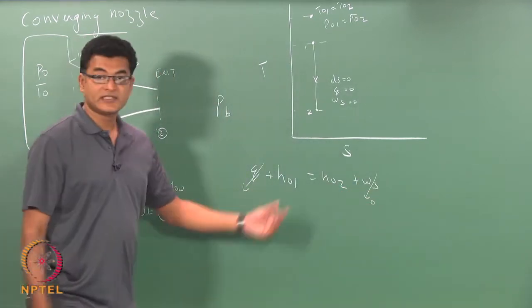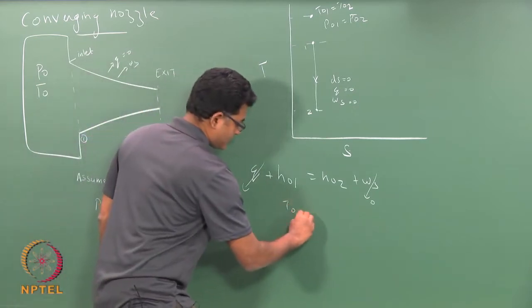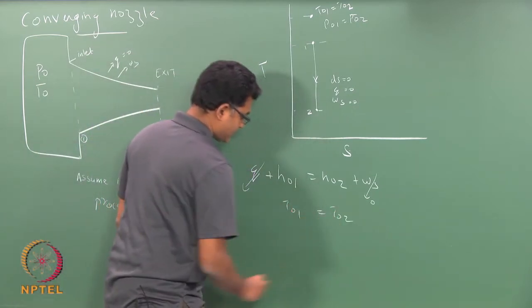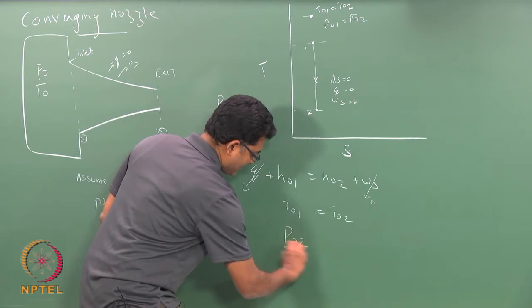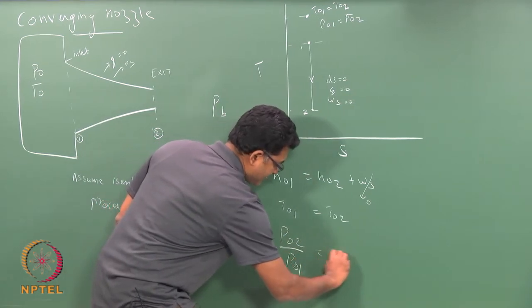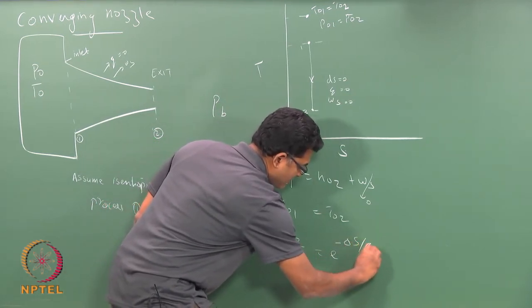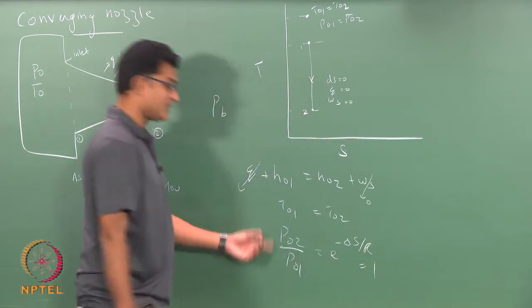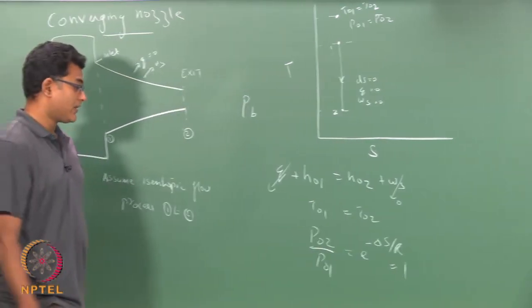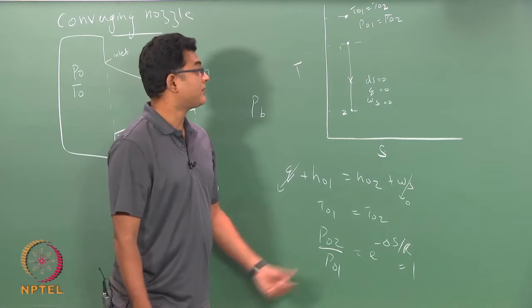So, I have my stagnation enthalpy same. So, the stagnation temperature is also same. P02 by P01 is e power minus delta S by R, which is now 1. So, my stagnation pressure is also same.